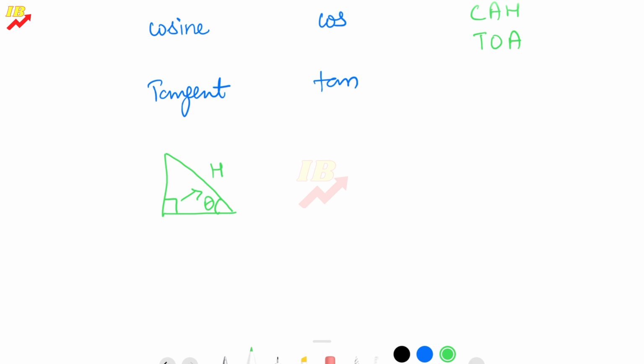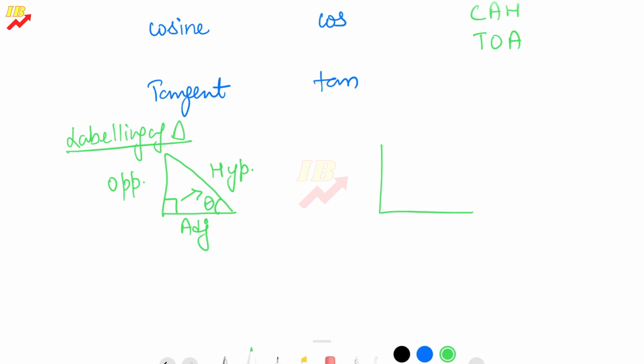If you want to find this theta, you need to label the triangle first. In labeling of a triangle, the line on which your theta lies is called the adjacent. Opposite to this theta is the opposite, and the side opposite to 90 degrees is the hypotenuse, right?